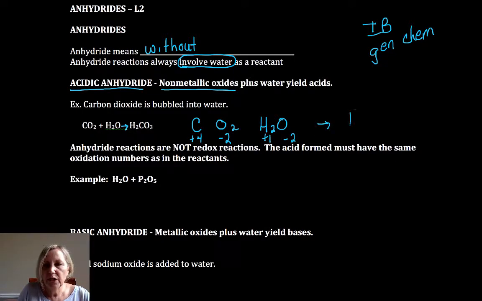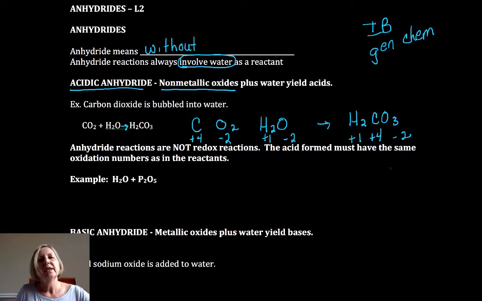In H2CO3, the oxygen's -2, the hydrogen's +1, and the carbon comes out to be +4. So you notice this is not a redox reaction. It would take multiple steps for oxidation reduction to occur. So when I have my students predict them, I predict them as if they are not redox reactions.